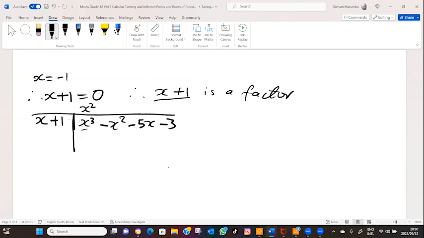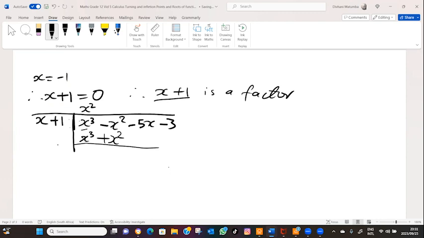Now, x to the power of 2 times x will give us x to the power of 3, then x squared times 1 will be plus x squared.